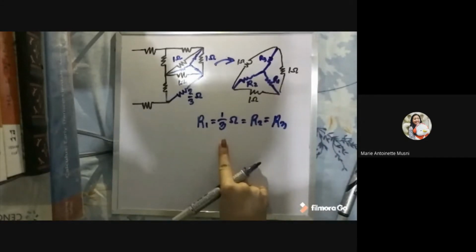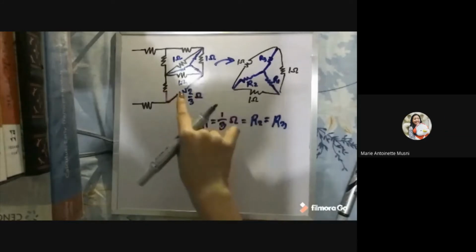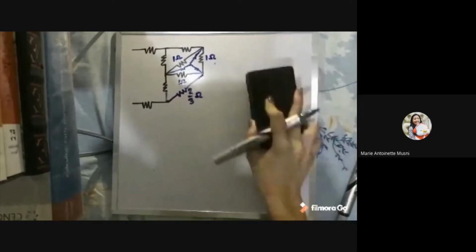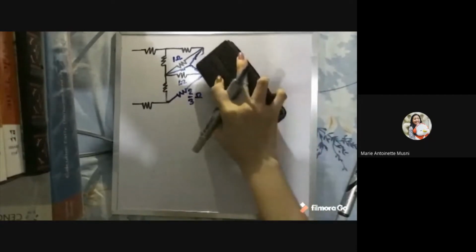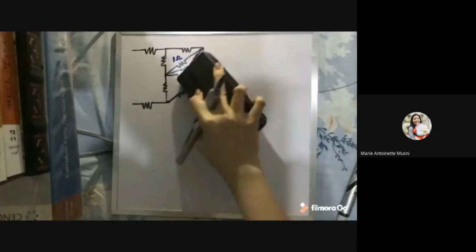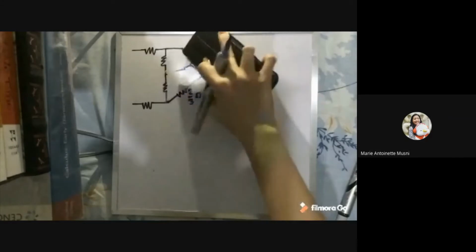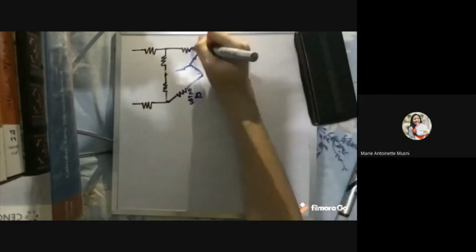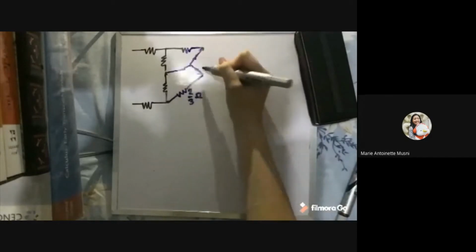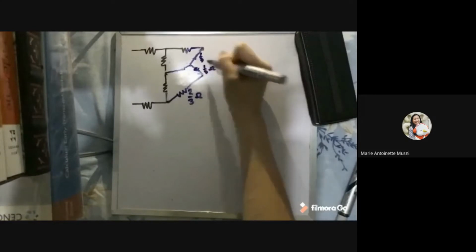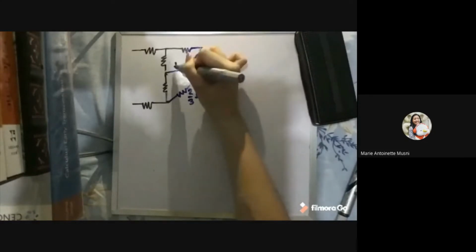Okay, so let's plug that into our new circuit. Let's remember that all of them are now 1/3 in value. So we erase the previous delta connection here, and we're left with the Y connection here, all 1/3 ohms in value.